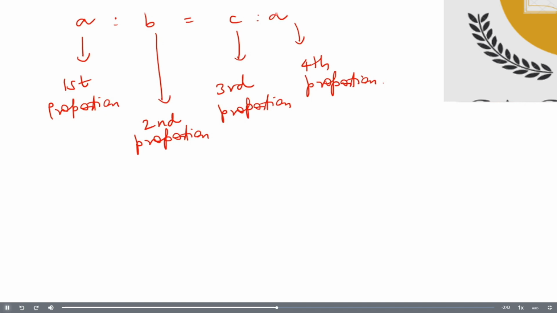They are asking you to identify based on the first, second, third, and fourth. So the first one is the first proportion, second is the second proportion, third and fourth are third and fourth proportions respectively. They will ask you to solve questions based on this concept.